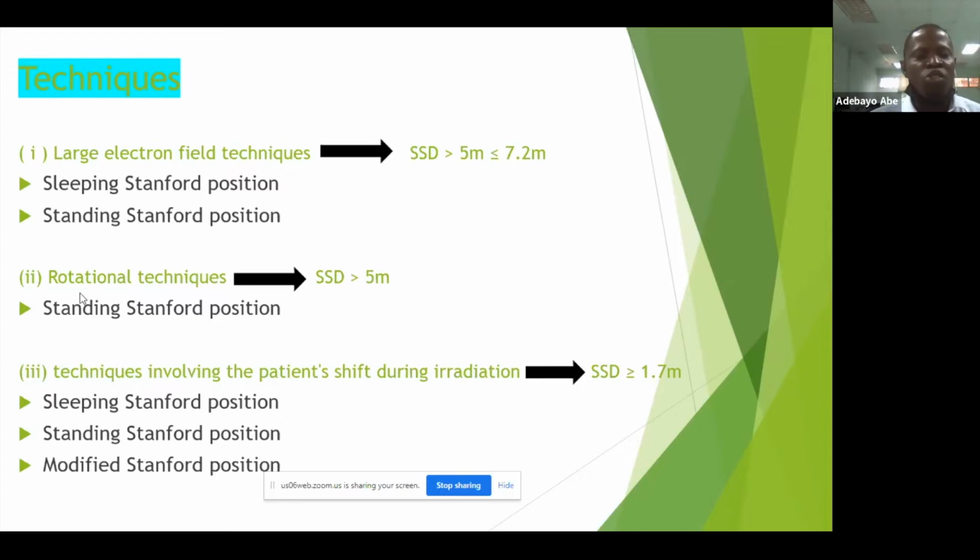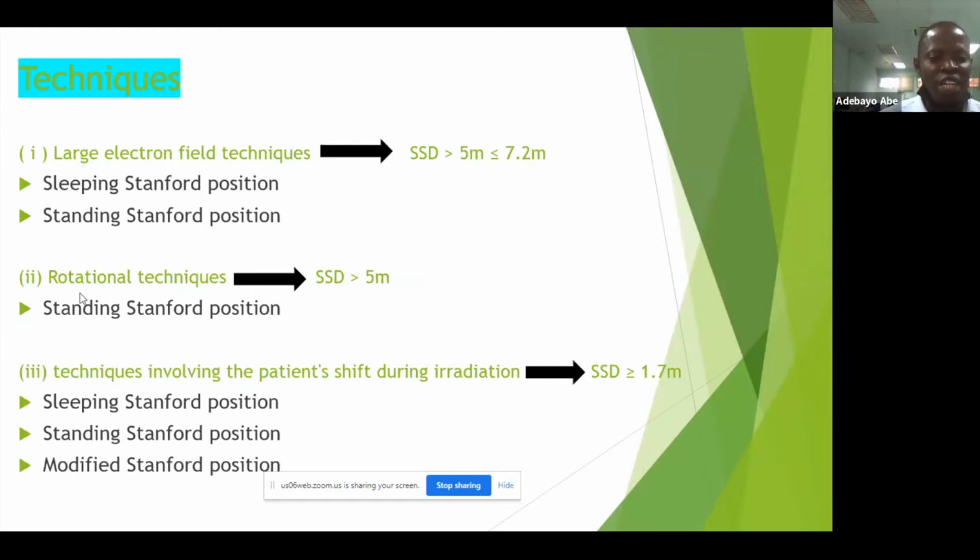It can be done in two positional modes: the sleeping standard position and the standing standard position. Because one beam is used under this technique to cover the height of the patient, you need an SSD ranging from 500 centimeters to 7.2 meters.